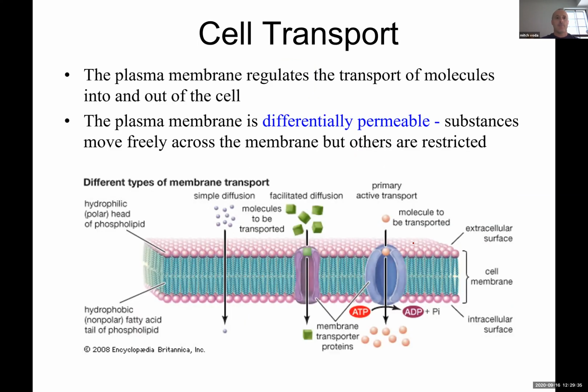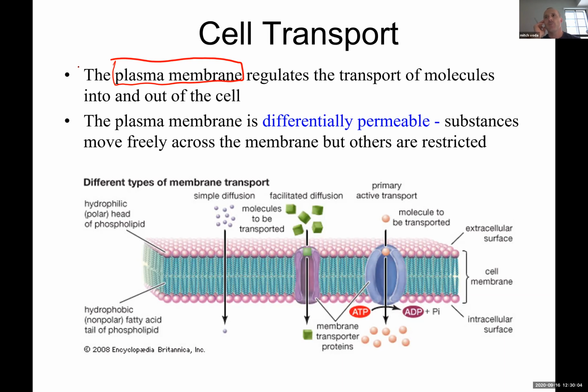Now, cell transport is a form of transport, or how stuff moves inside and outside the cell. Now, who regulates this cell transport or this movement? It's the actual plasma membrane. Now, we learned last time that the plasma membrane was a lipid bilayer which had proteins embedded and also carbohydrates.